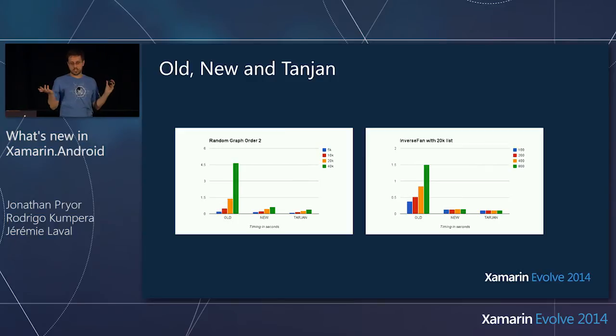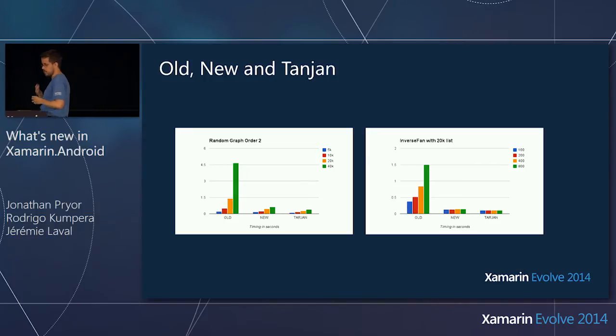And we let the bridges run. You see here the old bridge is pretty slow. The bars tell you the time in seconds. With the larger workload, the old bridge takes 4.5 seconds. The new and the Tarjan bridges barely hit 500 milliseconds. So it's significantly faster. We had customers with 10 to 20x performance improvements.